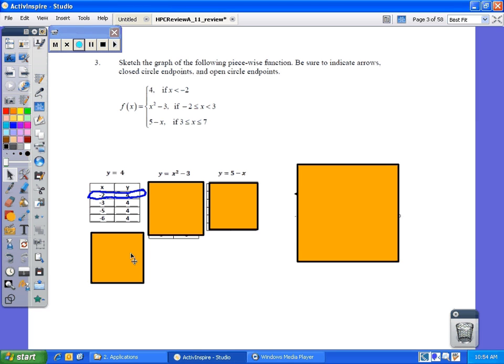For my second table, I have a very interesting domain. My domain is the set of values between 3 and -2. This particular inequality has an equal to part, so that means I include the -2. But this one is simply less than, which means I exclude the 3. So I'm going to start with the smaller value of -2.